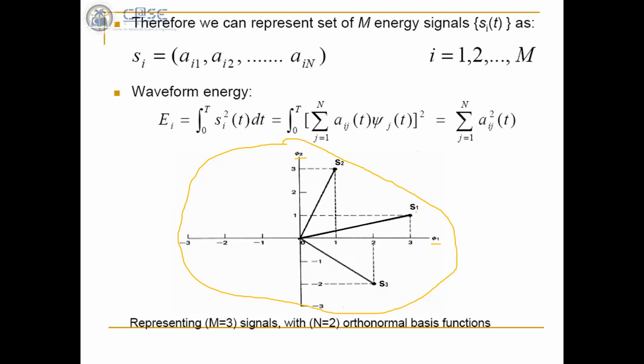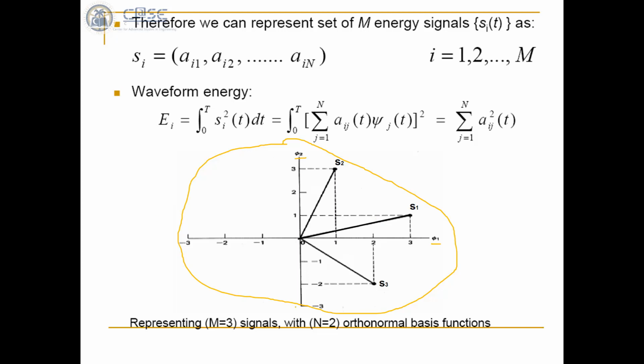Now s1 of t will be equivalent to 3 times phi1 of t plus 1 times phi2 of t. Similarly, s3 of t will be equivalent to 2 times phi1 of t and minus 2 times phi2 of t, right? So you can represent these three signals using the two basis functions.